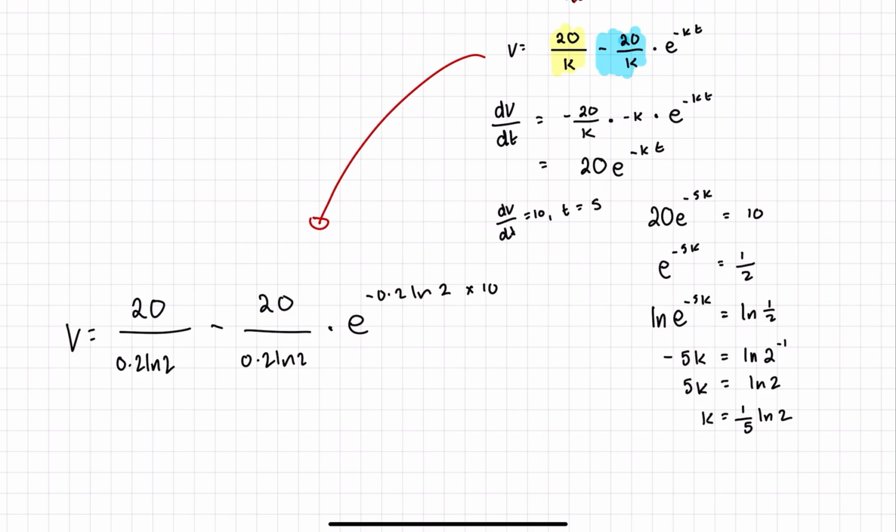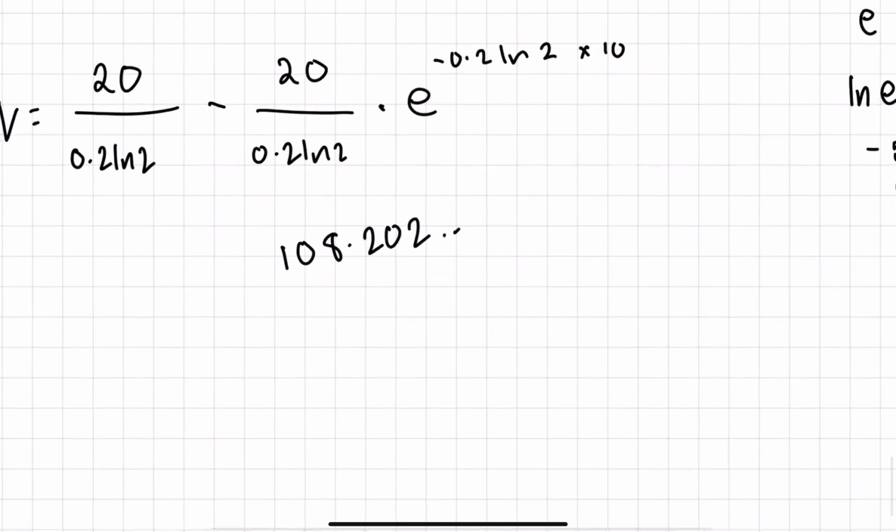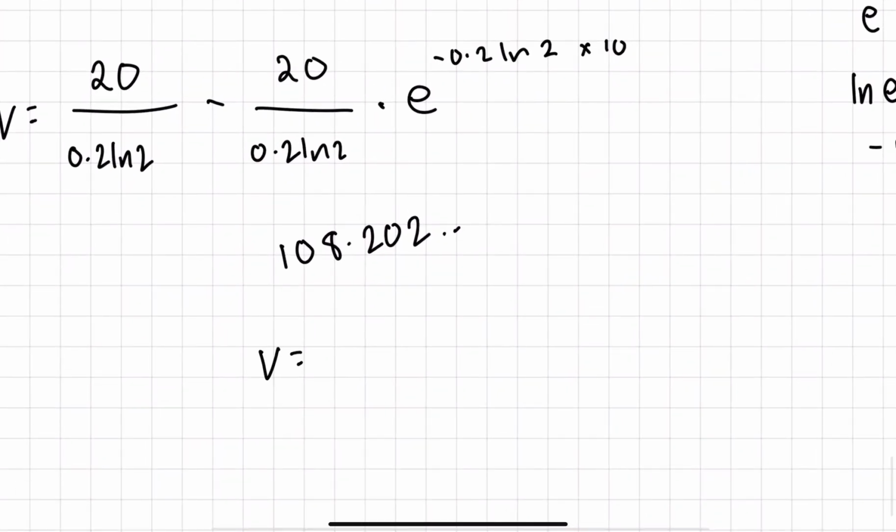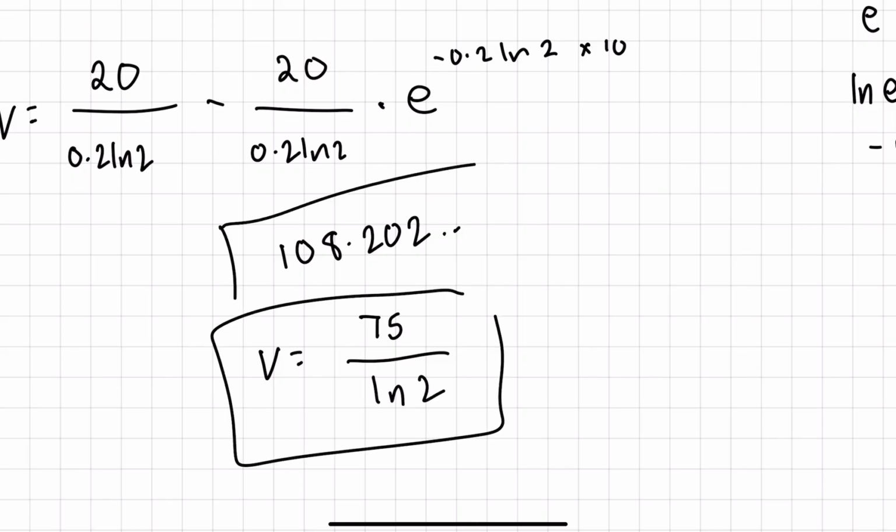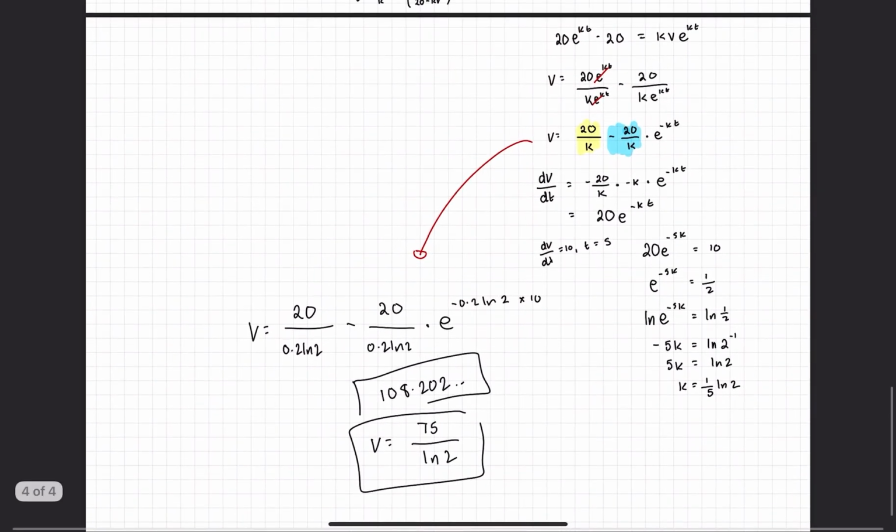I've got an answer of 108.202. Let me double check that's correct. Fantastic, and there we are, done. There's a cleaner answer actually, 75 over natural log 2, both are the same. I'm going to stop the video now. Hopefully that's been helpful.